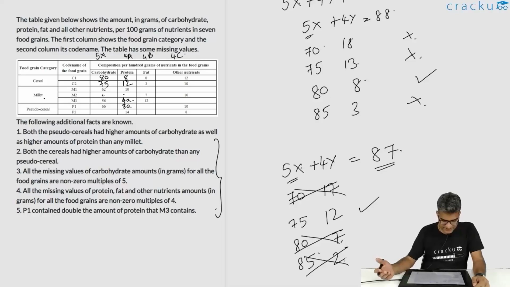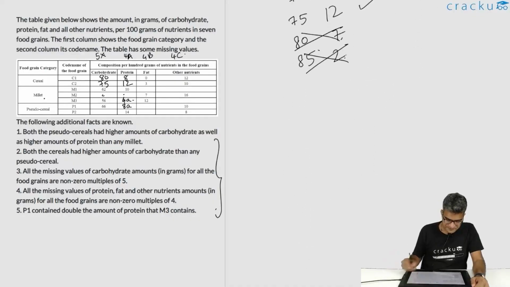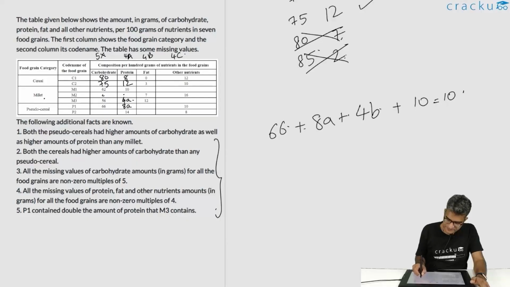Similarly, if you are looking at the millets and the pseudo cereals, if you are looking at the pseudo cereal P1, the amount of carbohydrate is 66 plus the amount of protein we assumed is 8A, plus there will be some fat. Let us assume that this is 4B because it is a multiple of 4, plus 10, this has to be equal to 100.